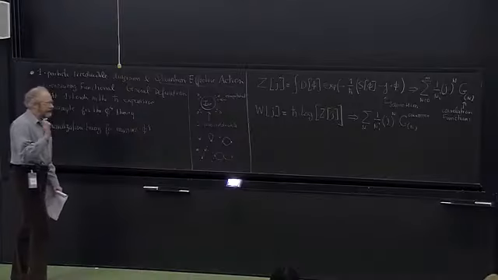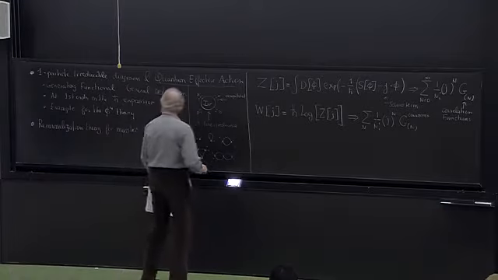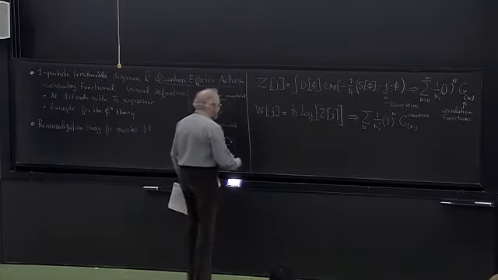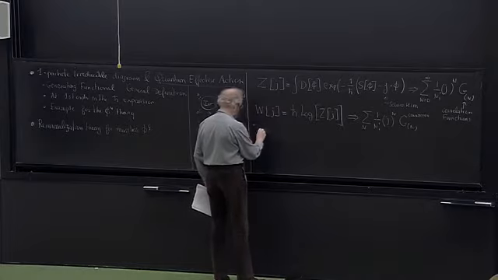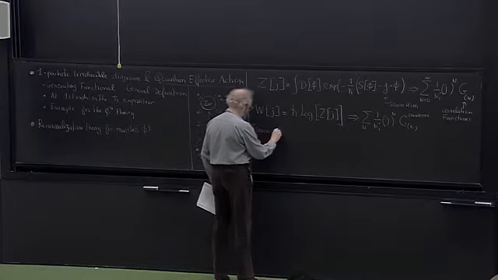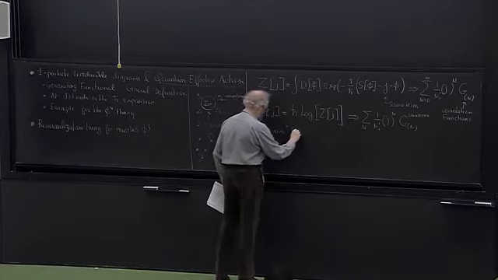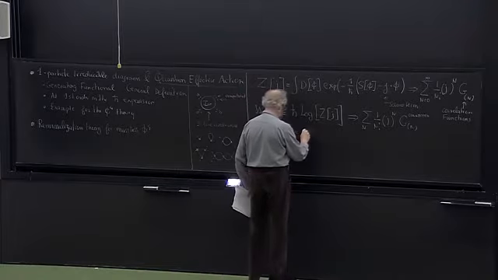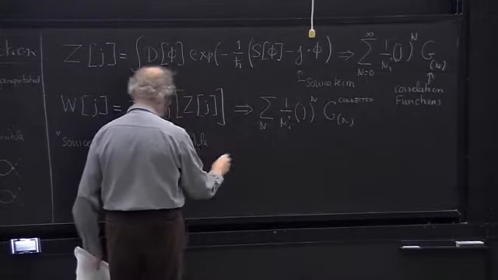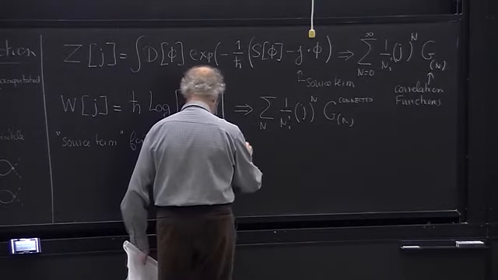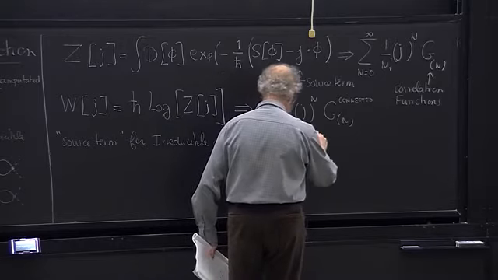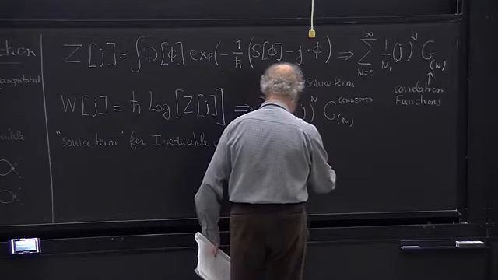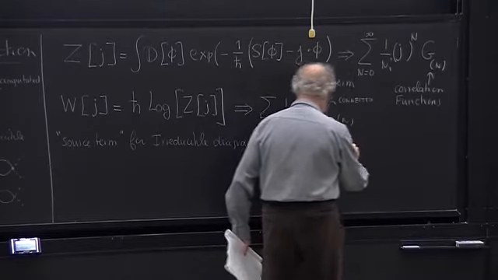Okay, so let me just write it formally. So instead of having the source term for this irreducible diagram, it is called the background field.